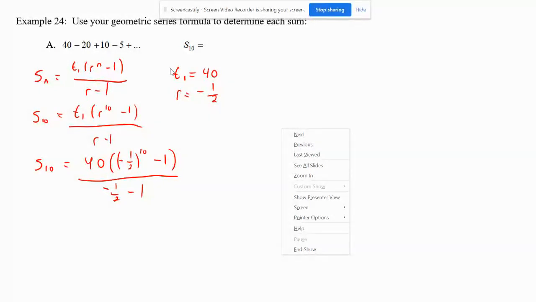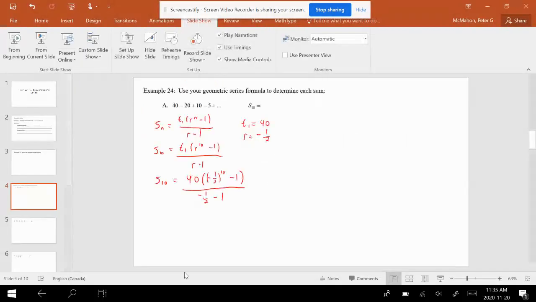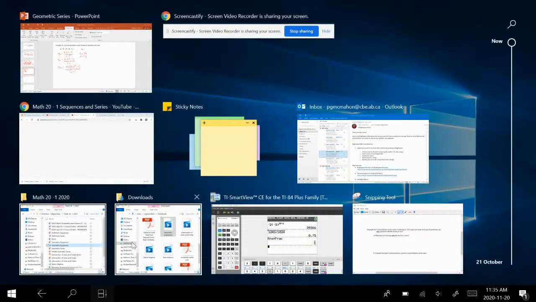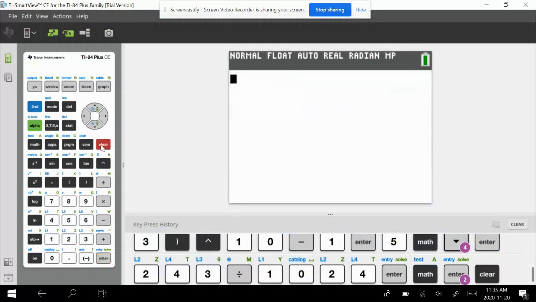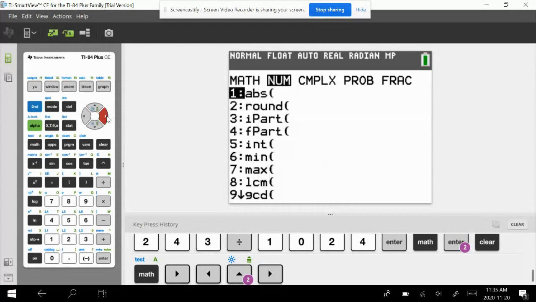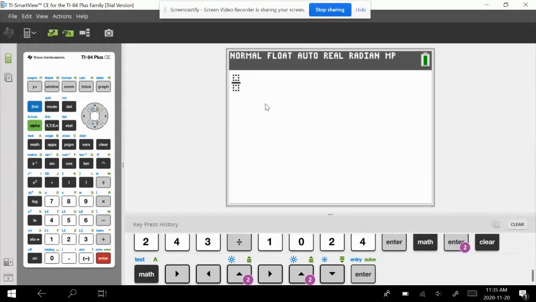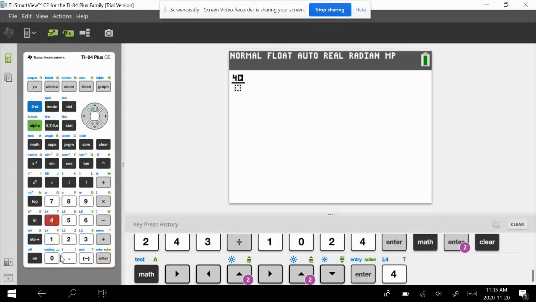All right, so on your calculator, I think it's easier if you go and use the math and go down to math number numerator divided by denominator here, so we can actually input a fraction, and we want to put in our T1 is 40 bracket.